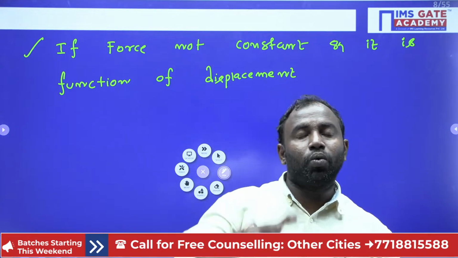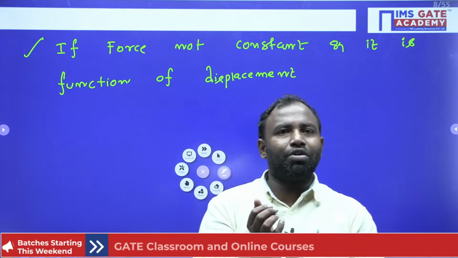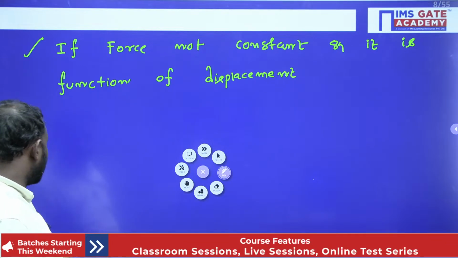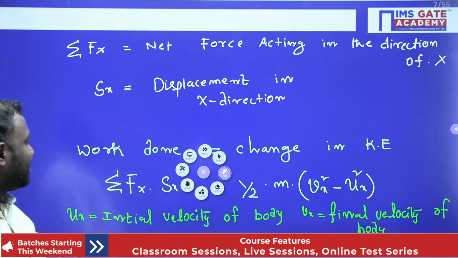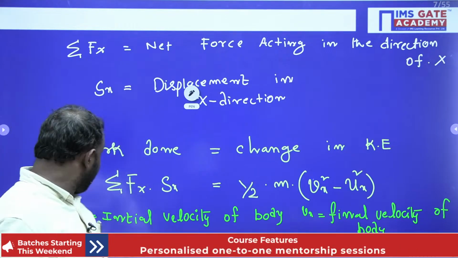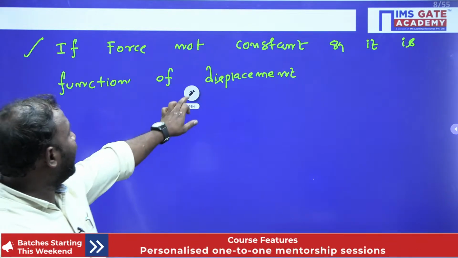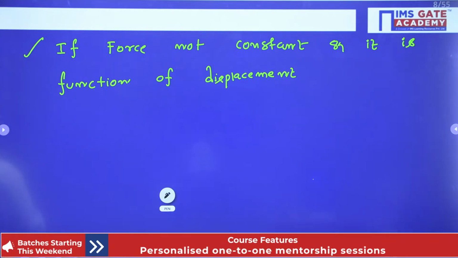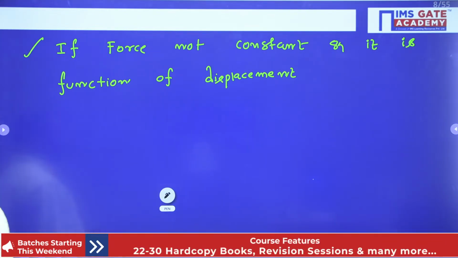So what I'm trying to tell you guys is, if a force is not constant, then you're not supposed to use this conservation of energy equation, that is, work done equals change in kinetic energy. Whenever force is not constant and it is a function of displacement, in order to calculate work done we have to use the following relation.